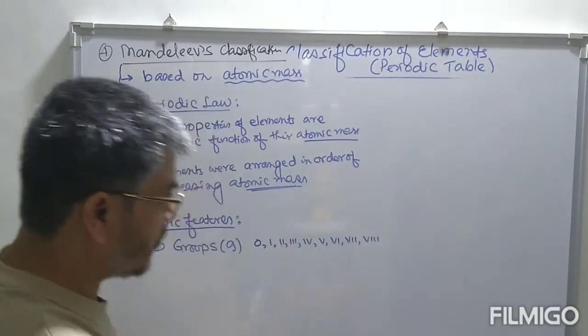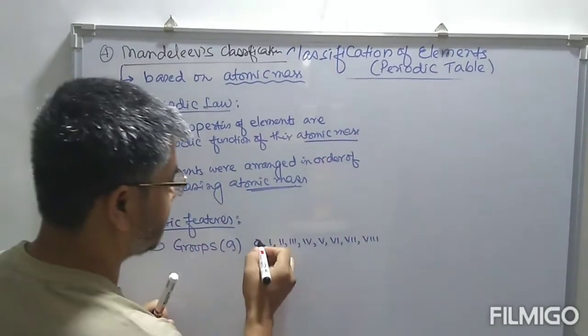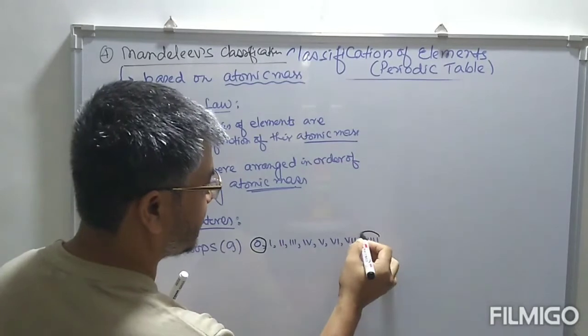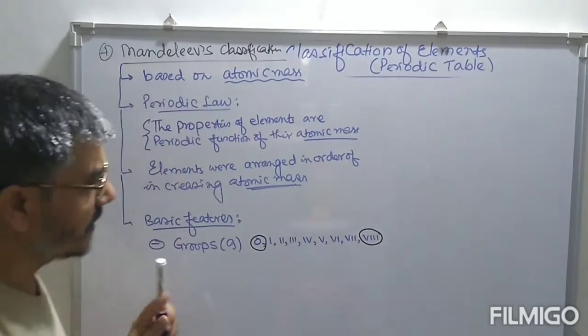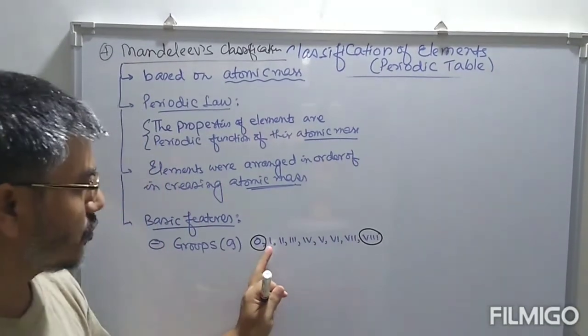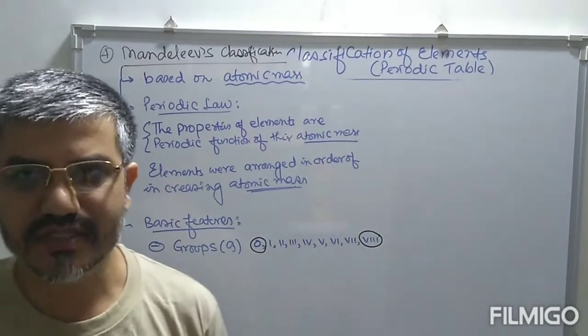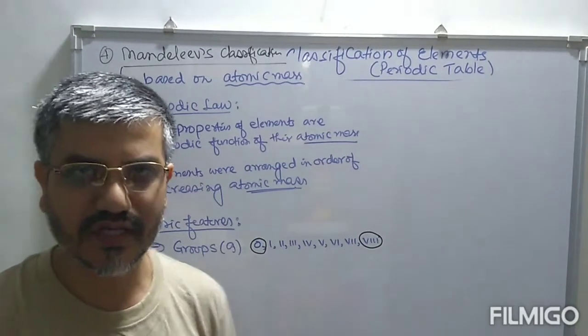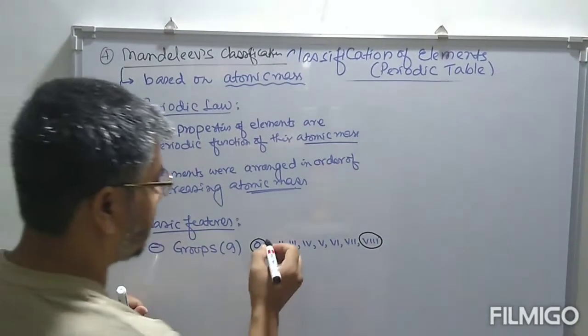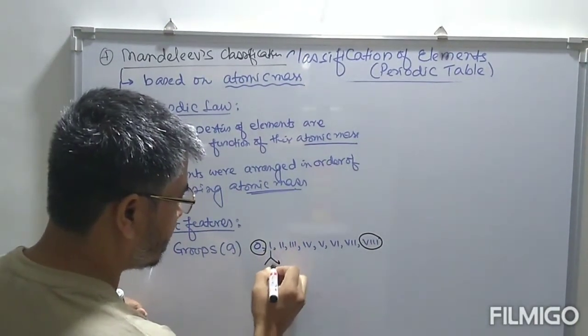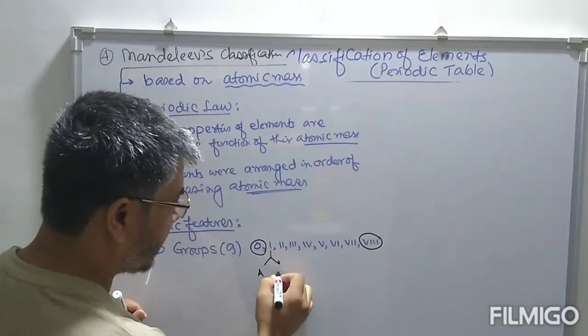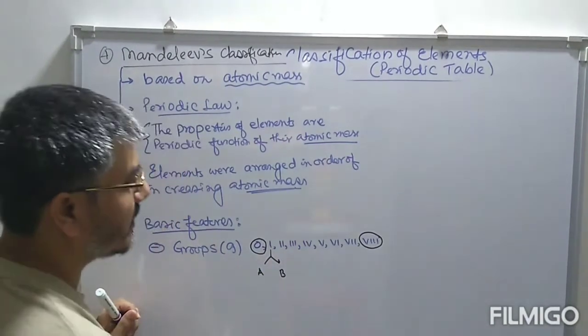Except this 0 and 8, with exception of these two, the remaining groups, that is 1, 2, 3, 4, 5, 6, 7, each group is subclassified into subgroup A and subgroup B. That means group 1 contains subgroup A, 1A, and subgroup B, that is 1B.